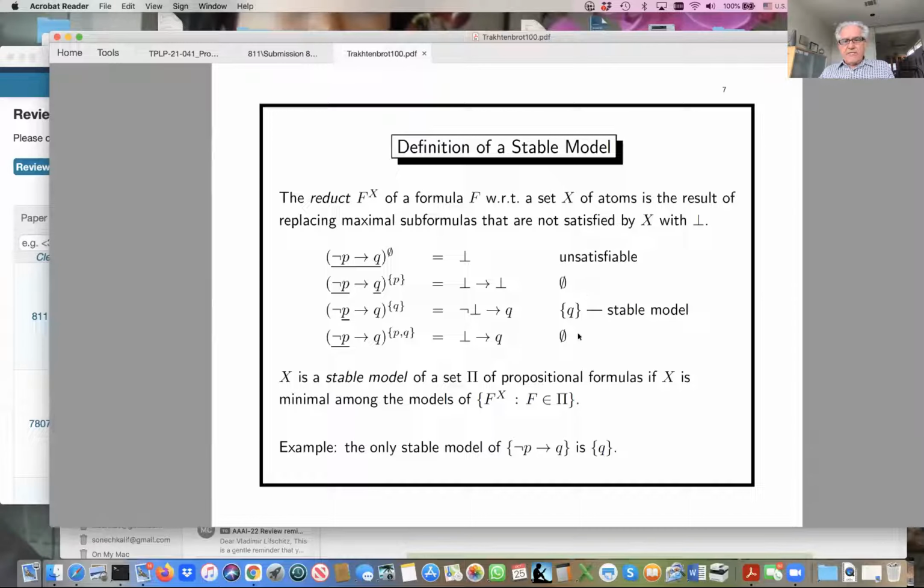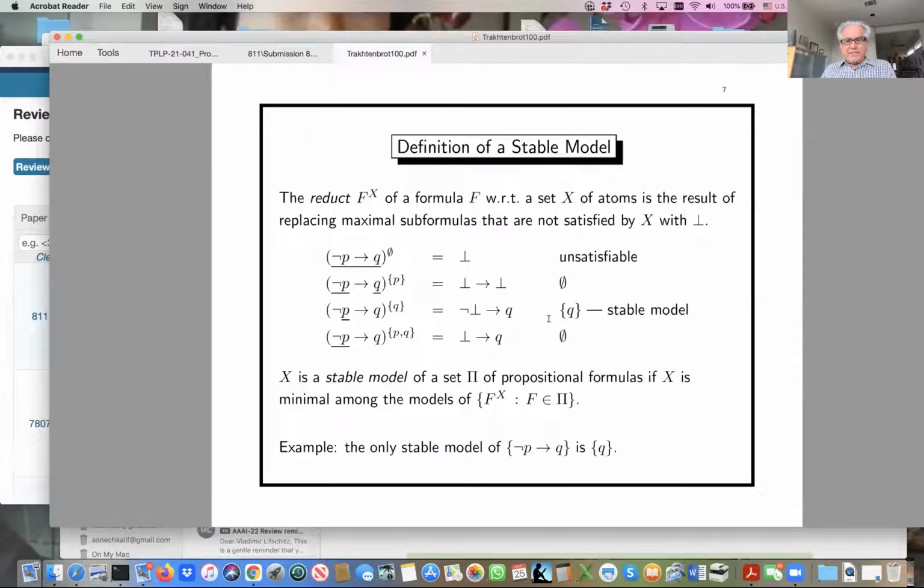In the second and fourth lines, our reducts are tautologies. So this singleton Q does satisfy them, of course, but it's not minimal, because the minimal model of a tautology is the empty set.